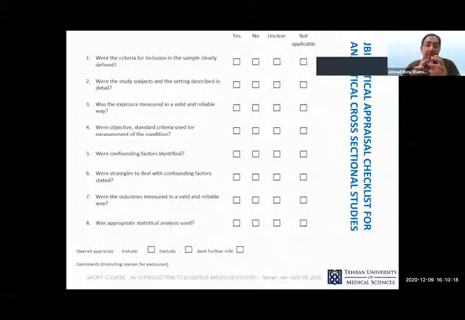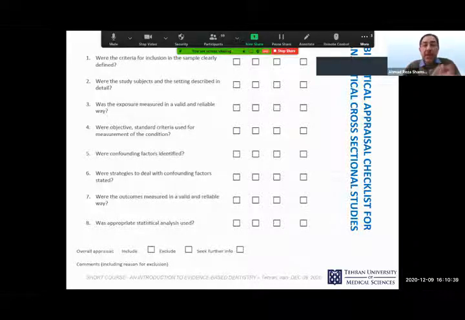For example, we can use some statistical methods to eliminate confounders, or some methods in the methodology, which are more applicable to case-control studies and cohorts, for example a matching design, or in clinical trials, randomization.